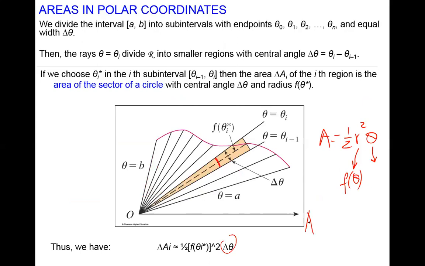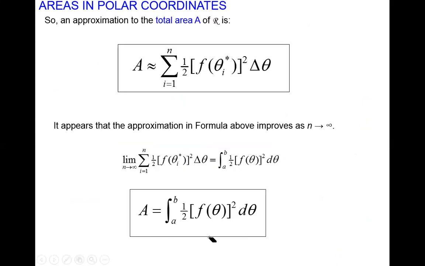So my formula looks like one half the whole function squared times delta theta. But this is only one. If I have to add all of them together, I will put the sigma notation in front.